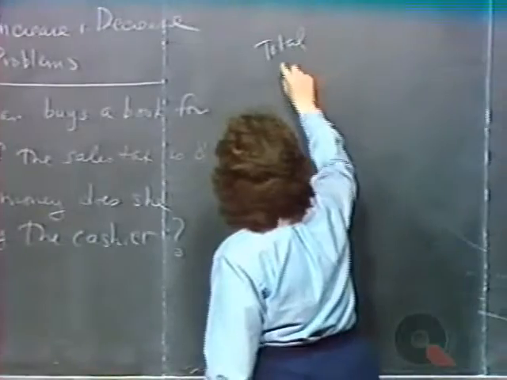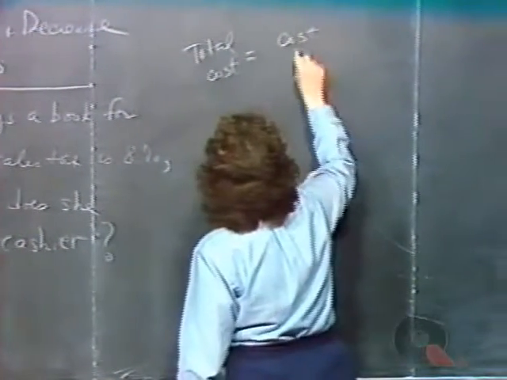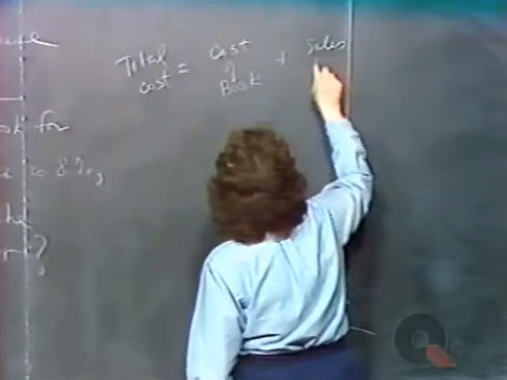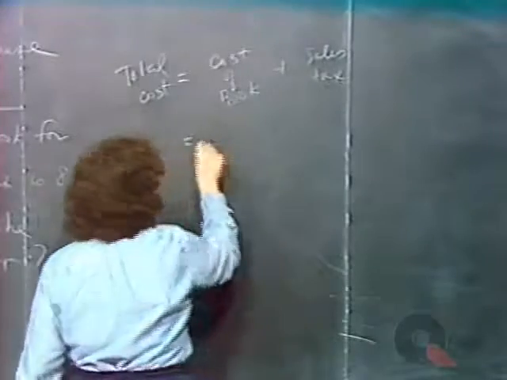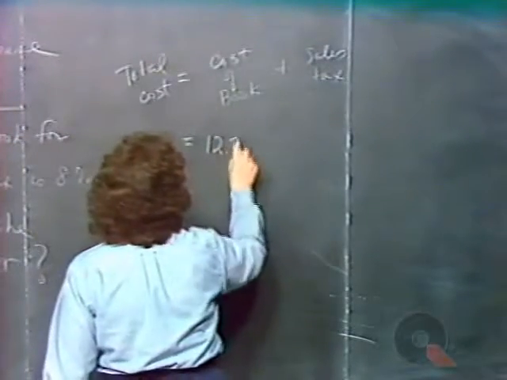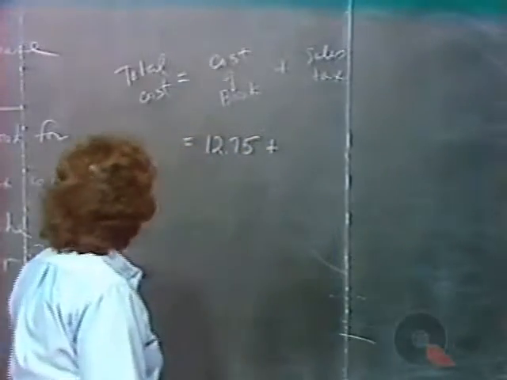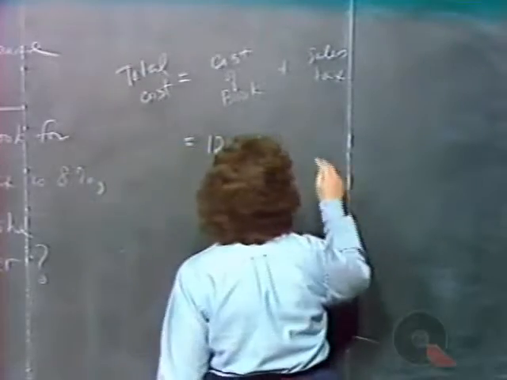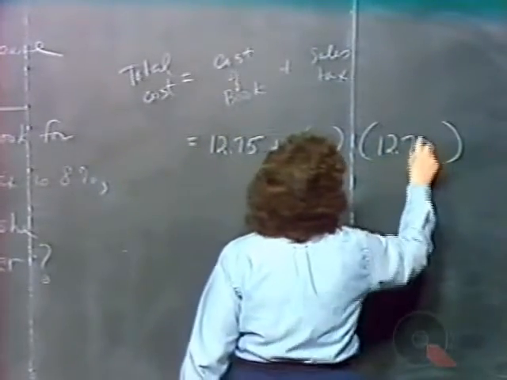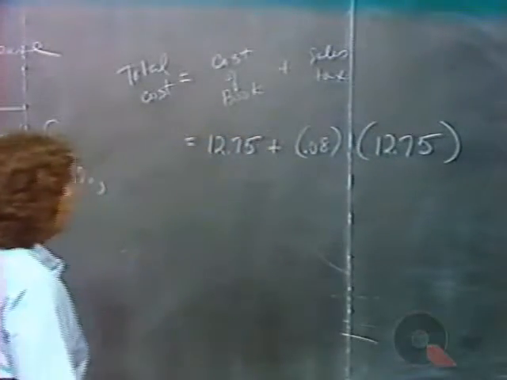The total cost that you'll pay the cashier will be the cost of the book plus the sales tax. The cost of the book is $12.75, plus the sales tax. She'll have to pay an additional 8% of the cost of the book, so 8 over 100, or 0.08.